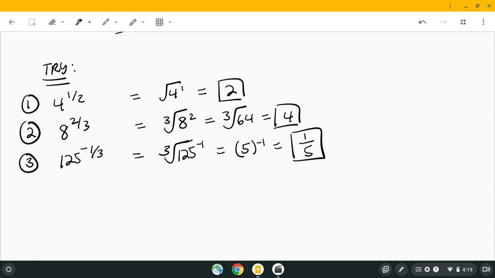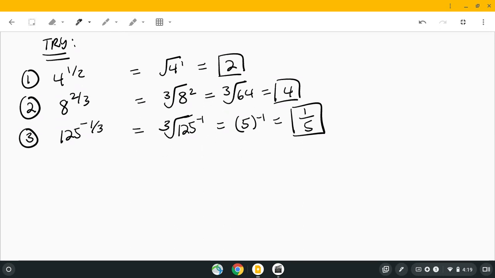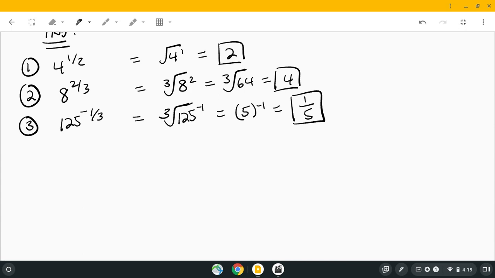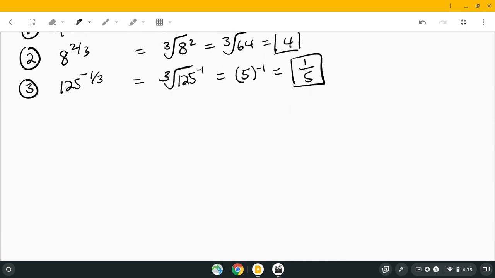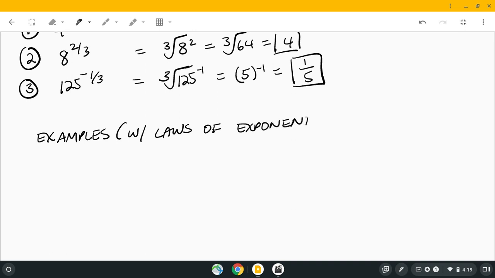Okay, and then we also have the laws of exponents here, and they still hold true for exponents that are fractions. So here are some examples with the laws of exponents. So remember, if you multiply like bases, you can add the exponents.